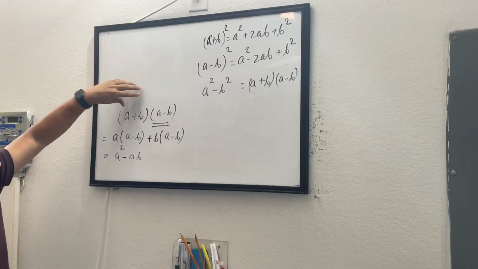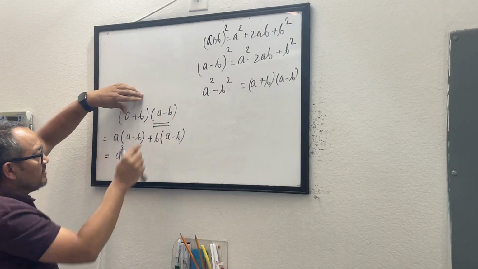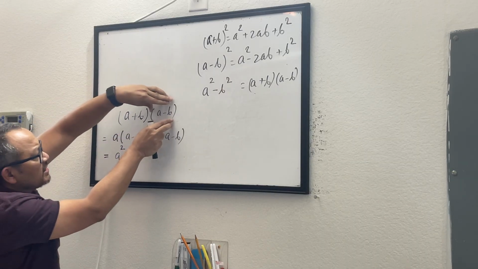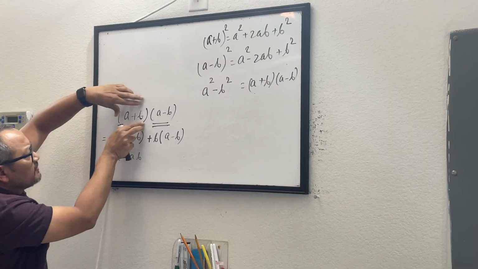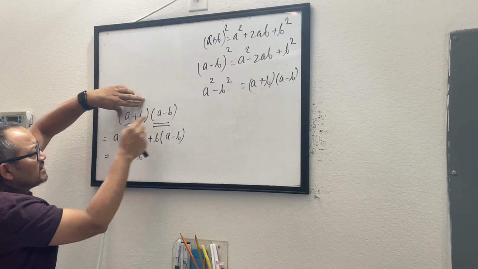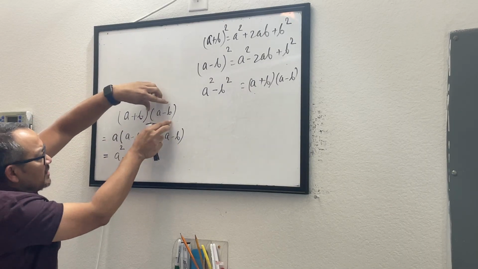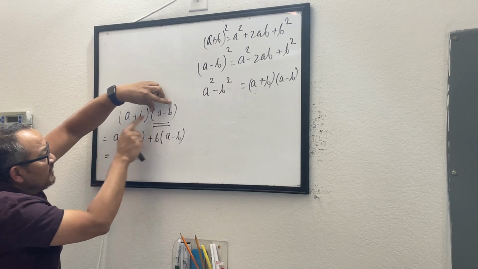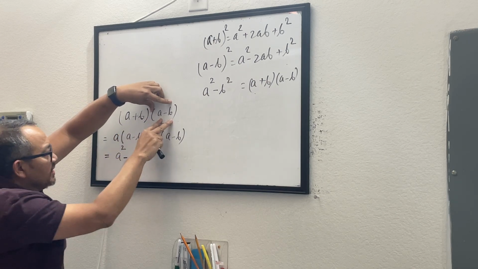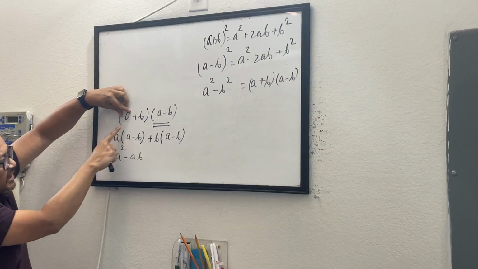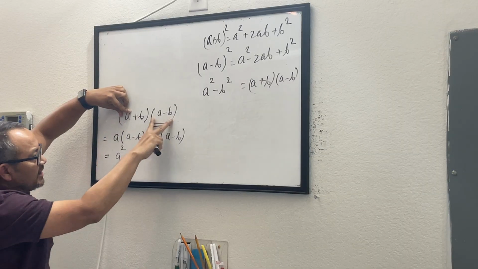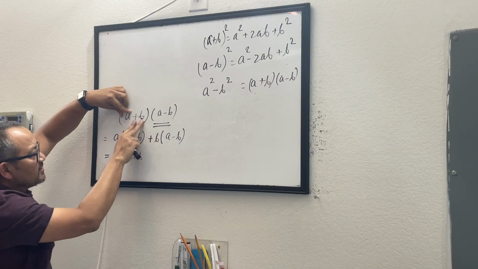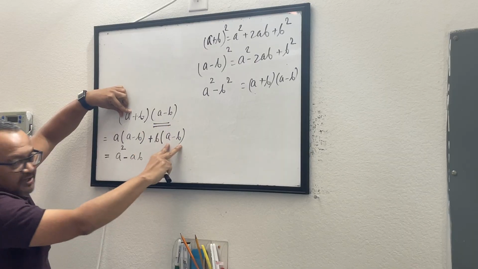What I did was, I fixed up this one, I multiplied a with the whole thing, then plus b with the whole thing. So, that's what you are seeing here. a times a minus b plus b times a minus b.